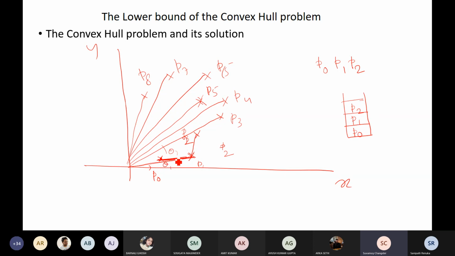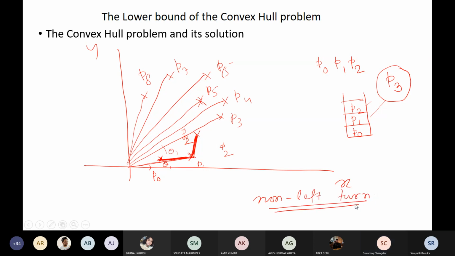Mind that this is the convex hull that we are trying to create. Whenever we are considering a new element P3, we will check whether P1, P2 and P3 create a non-left turn or not.